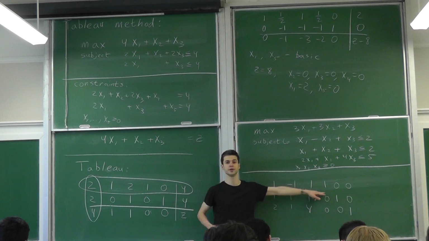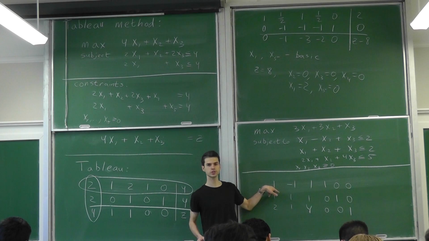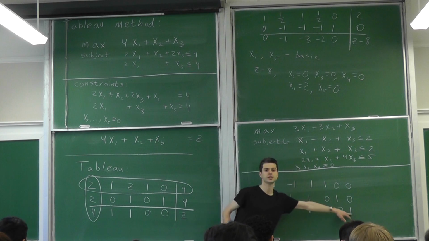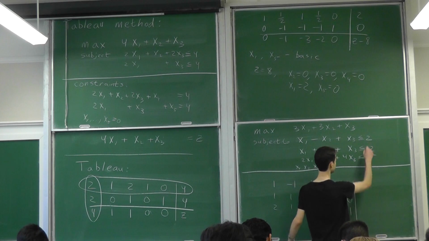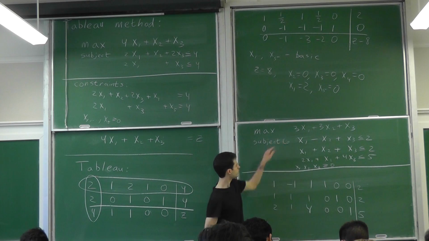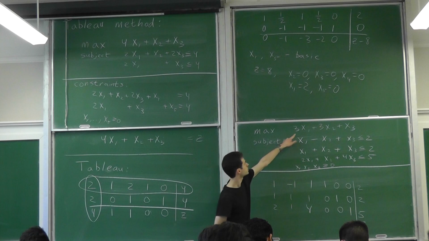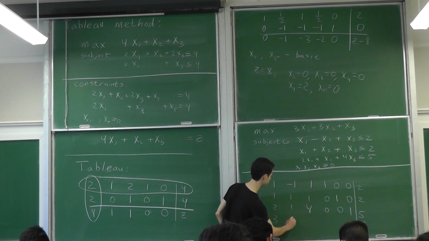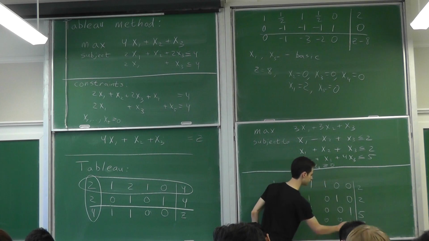So these are the slack variables. I added x4 to the first row, x5 to the second one, and x6 to the third one. On the right side, I have 2, 2, and 5. And my objective function, z, is 3, 3, 1, and all the rest zeros.